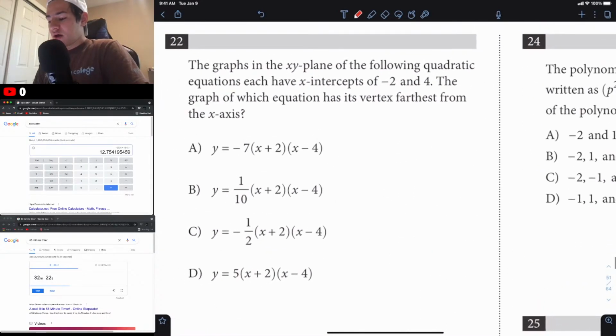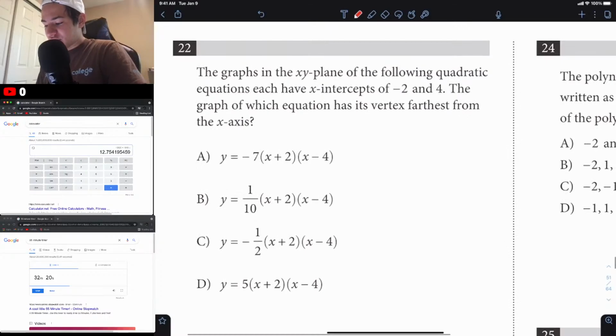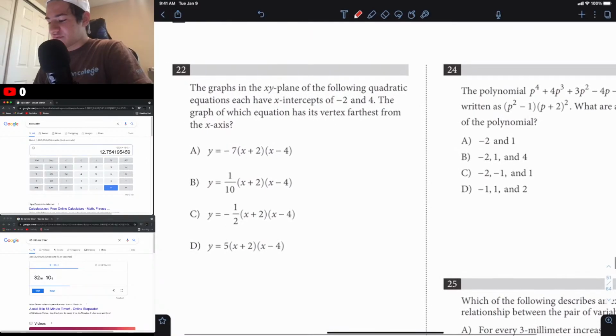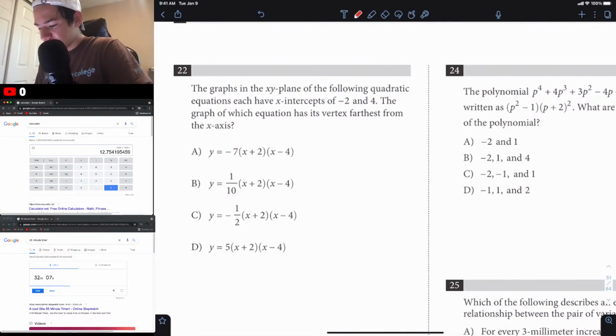The graphs in the xy plane of the following quadratic equations each have x-intercepts of -2 and 4. Wait, what? The graphs in the xy plane of the following quadratic equations have x-intercepts of -2 and 4.